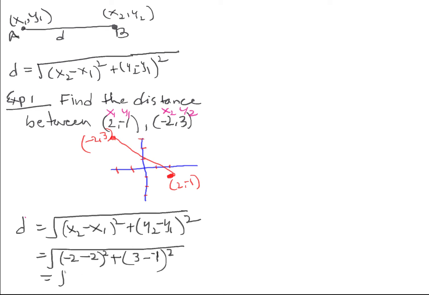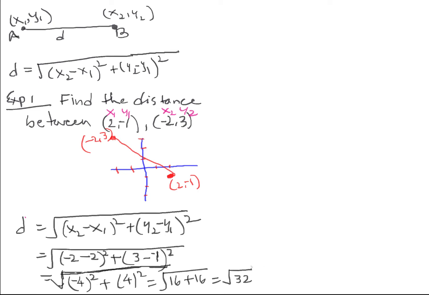Okay, so you will get -4 squared, because -2 and then -2 will be -4, plus 3 minus 1, that is double negative, is 3 plus 1, that is 4 square, right? What do you get then? So you will get -4 squared is 16 plus 16, right? So this is square root of 32.